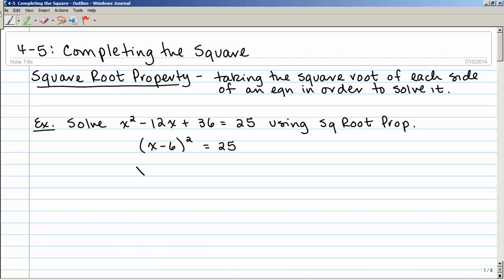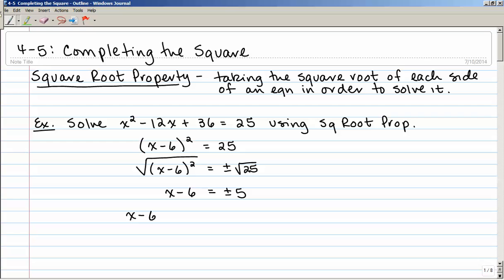And that equals 25. So now I have a perfect square on each side of the equal sign. So I can take the square root of each side, and when I do that on the right here, I want to do the positive or negative square root of 25. So that tells me that x minus 6 is equal to plus or minus 5. I like to write that out as two equations.